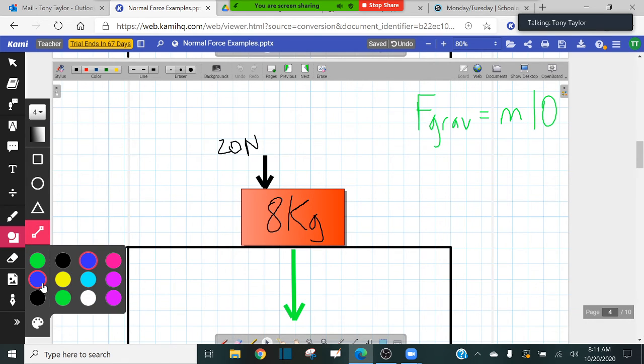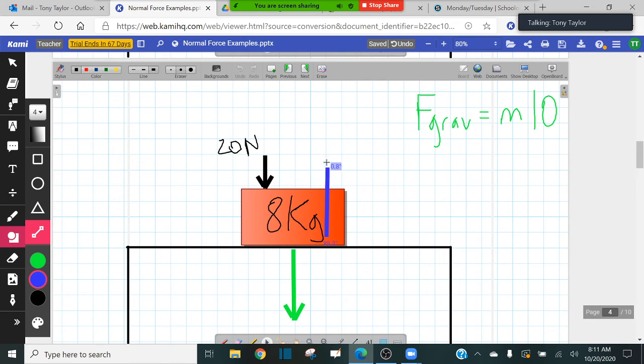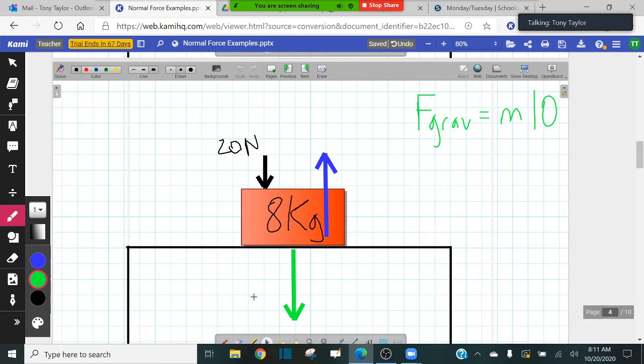And then there's also a normal force because the surface of this table is pushing up on the block in red. Now, what is the magnitude of the force of gravity? If this is an 8 kilogram block, 8 times 10 is 80 newtons.